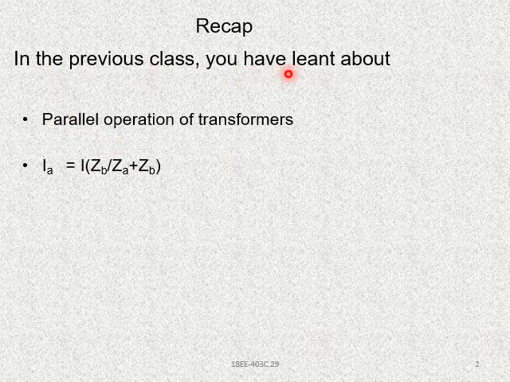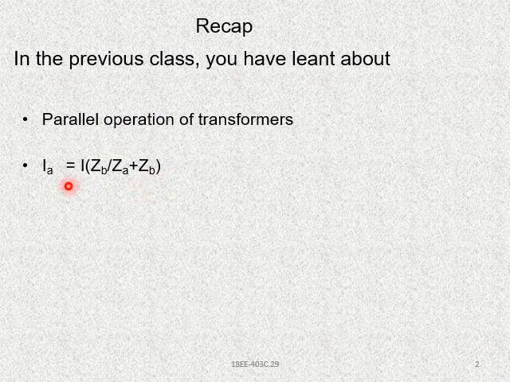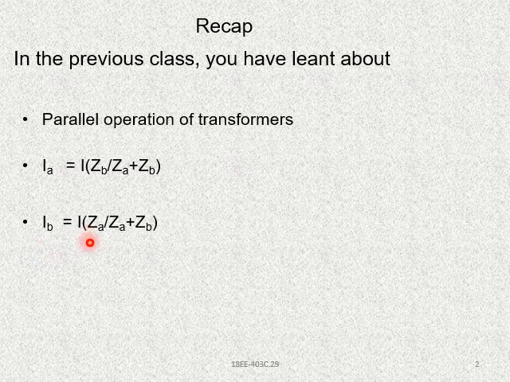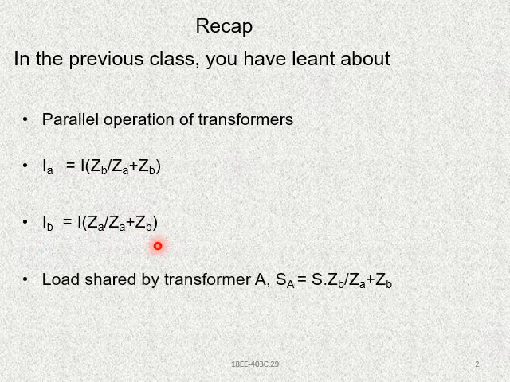In the previous class you have learnt about parallel operation of transformers. In that we saw some formulas: IA is equal to I into ZB by ZA plus ZB. Similarly IB is equal to I into ZA by ZA plus ZB.